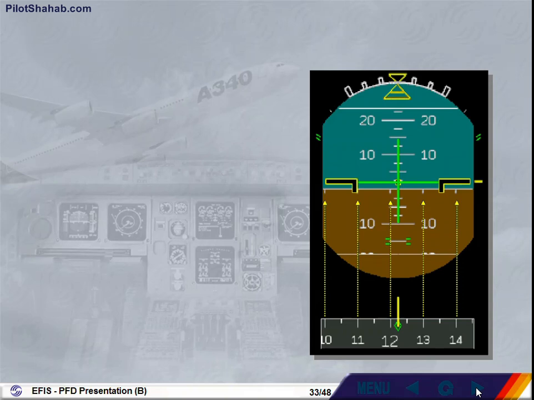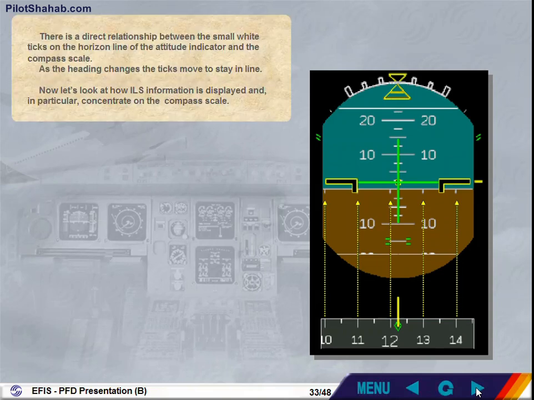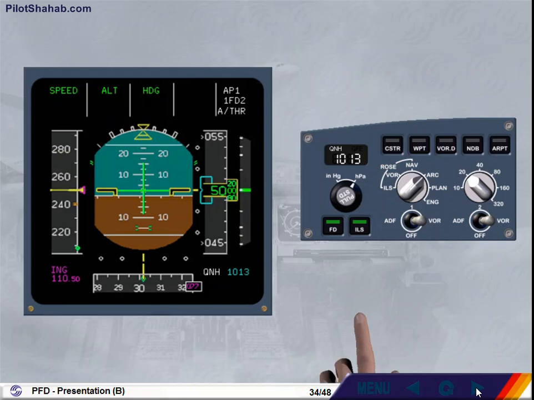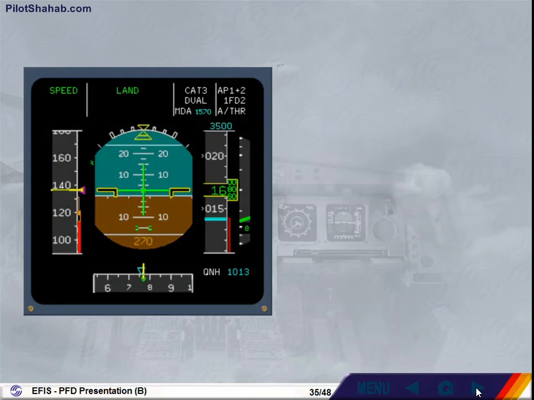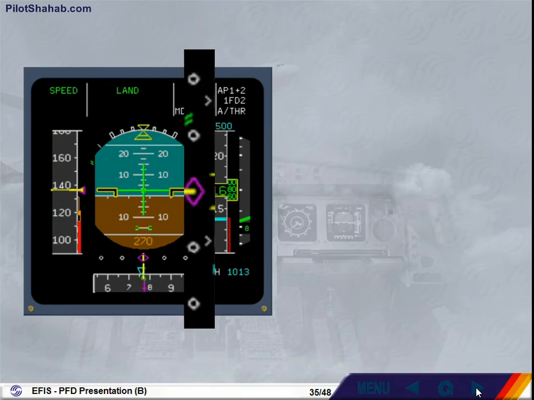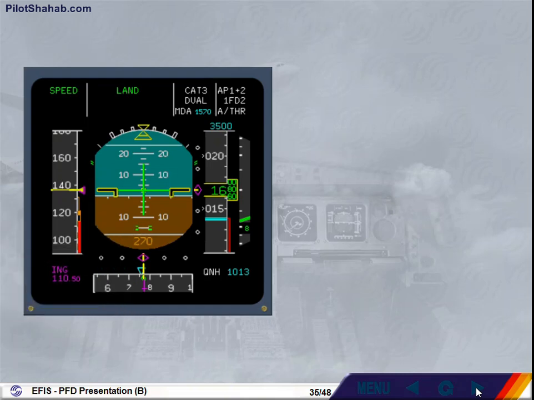Now let's look at how ILS information is displayed, and, in particular, concentrate on the compass scale. The ILS push button on the EFIS control panel enables the pilots to switch on an ILS display. The ILS display includes indications for localizer, front course, glide slope information.